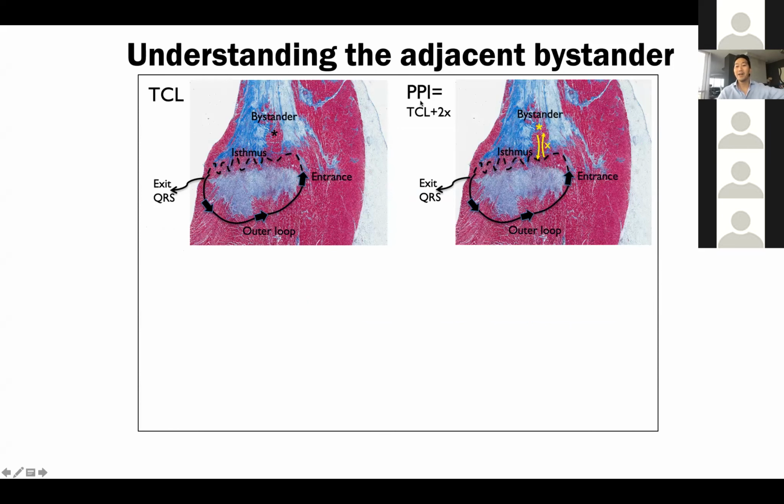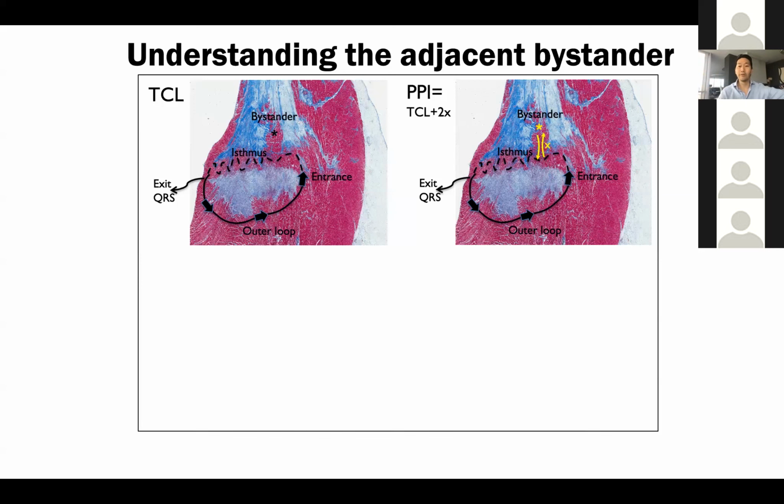The PPI is the tachycardia cycle length plus a distance X to get out when you're pacing from it, and then a distance X to go back in to then record it again. So it's pacing to get out X, and then that distance to be able to be sensed again. So that's why it's 2x.